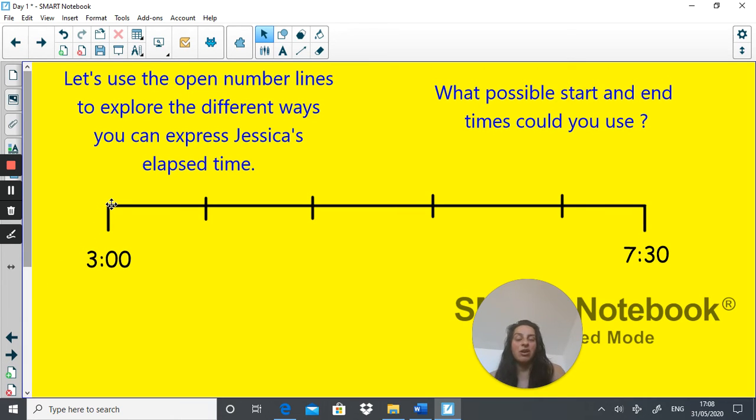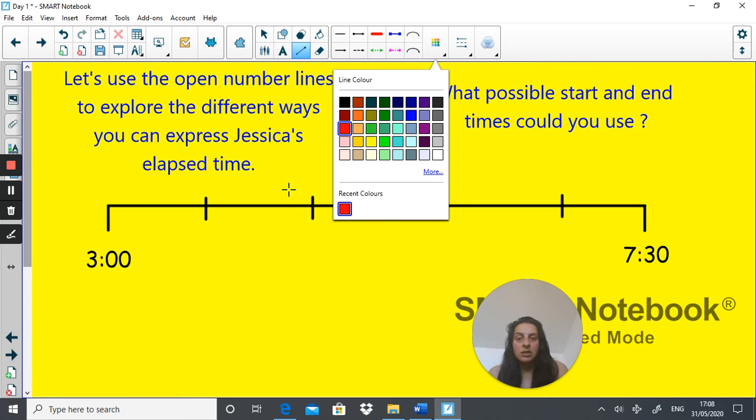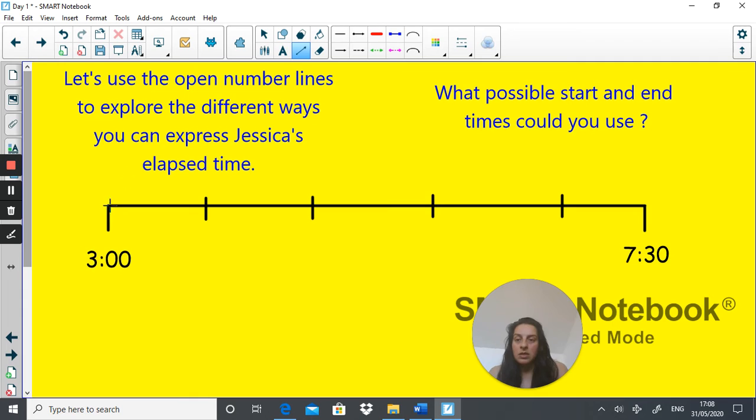So I started with 3 o'clock because that's what time she leaves. And on my number line, 3 o'clock to 4 o'clock is 1 hour.